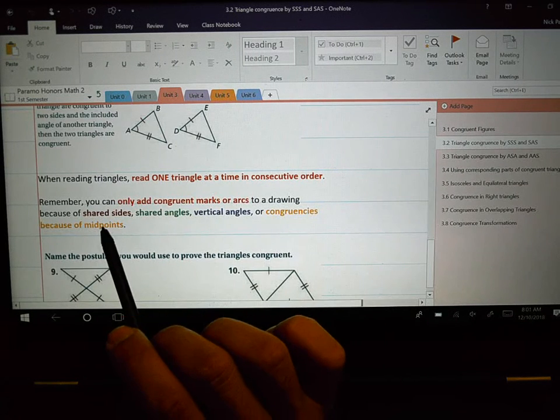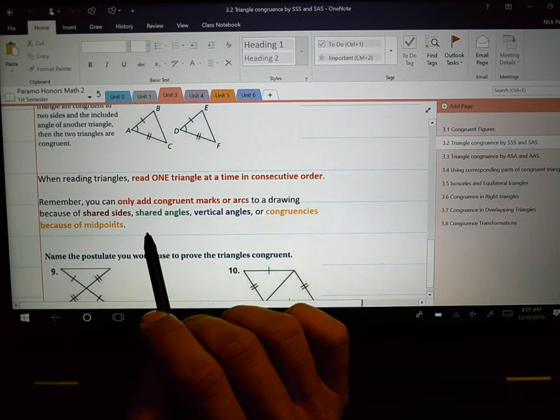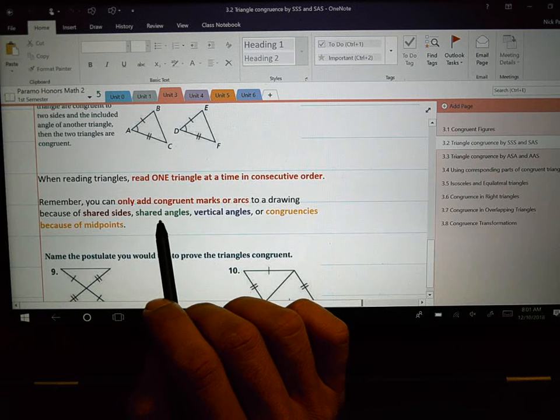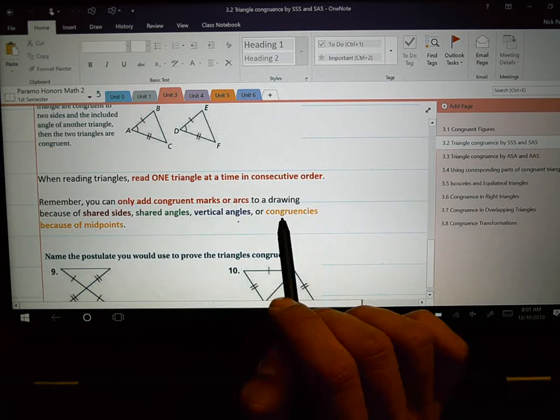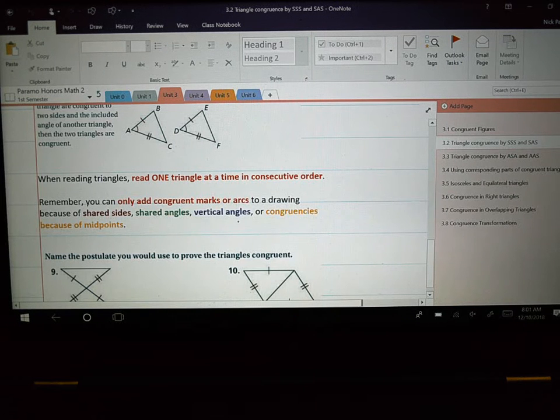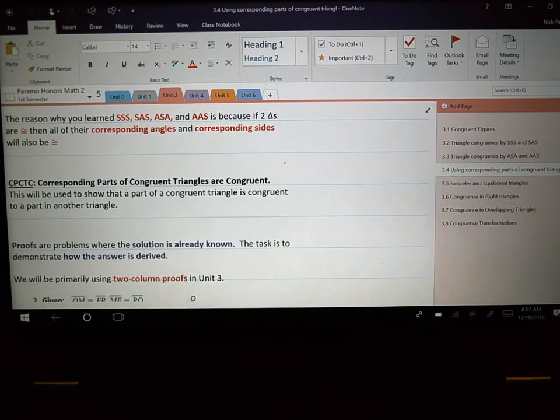Never add any congruency marks unless it's a shared side, unless the angle's exactly the same in both by the reflexive property, unless there are vertical angles, and unless there are congruencies because of midpoints. If you're given that something is a midpoint, then you can say that two things are congruent. By the way, there were other things in here.